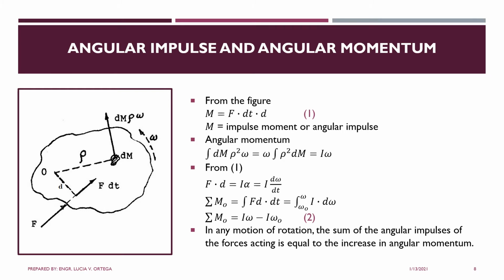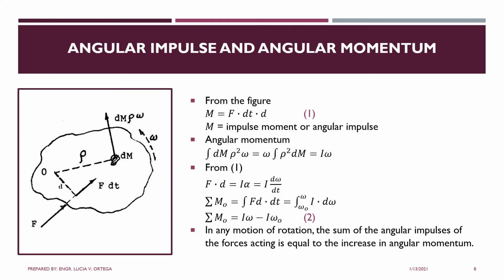Okay, so that is equal to mass moment of inertia times angular velocity. From equation 1, force times distance is equal to I alpha, where alpha is angular acceleration, which is equal to I times the differential angular velocity with respect to time. Then the summation of moment at the axis of rotation is the integral of F dt times d, where d is the perpendicular distance.